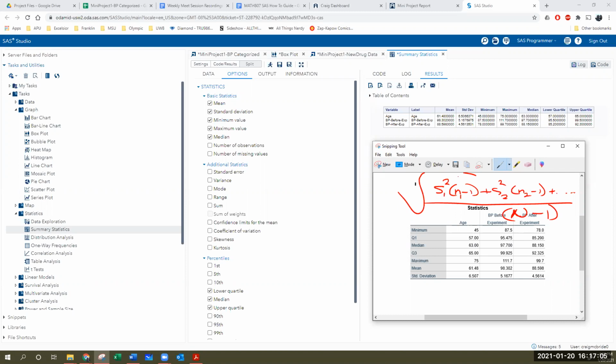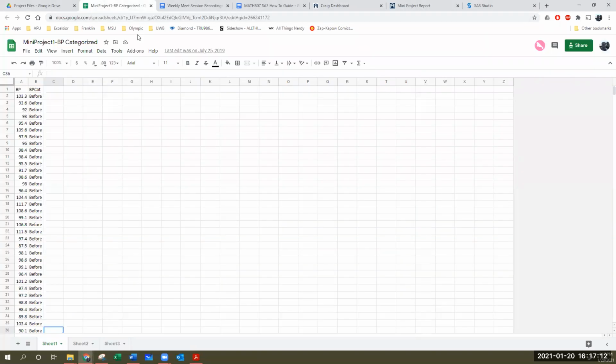As far as doing the work, I would do it in Excel. You can paste the results or type them in, and the first thing you do is square the standard deviation, and then divide that by the sample size, 15.